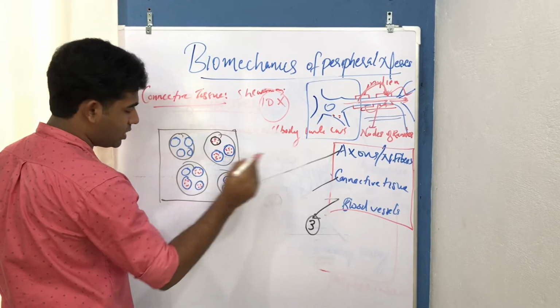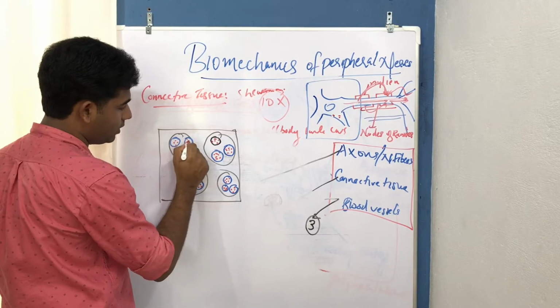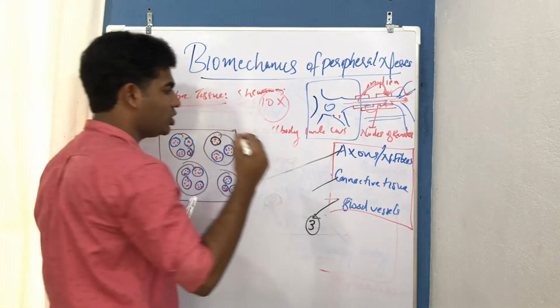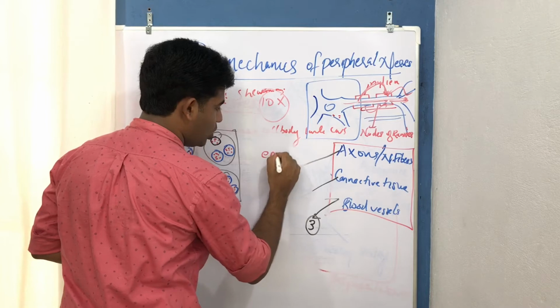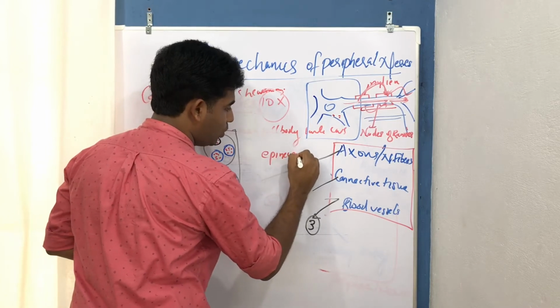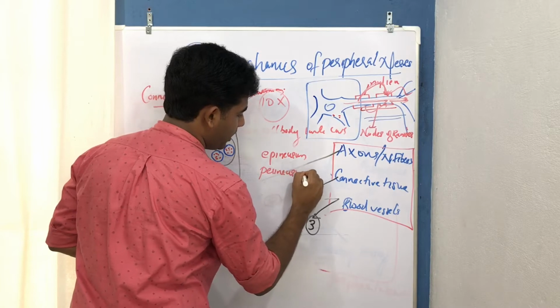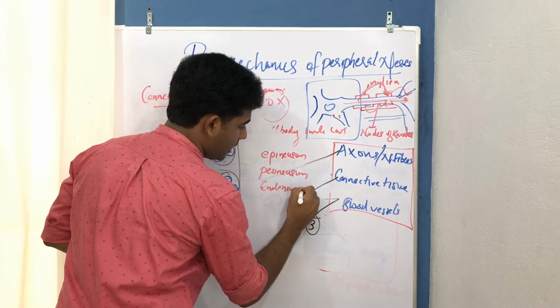Now we are focusing on the connective tissue. Let us move on to that. We have the nerve fibers like this, right? And the connective tissue inside the peripheral nerves is epineurium, perineurium, and endoneurium.